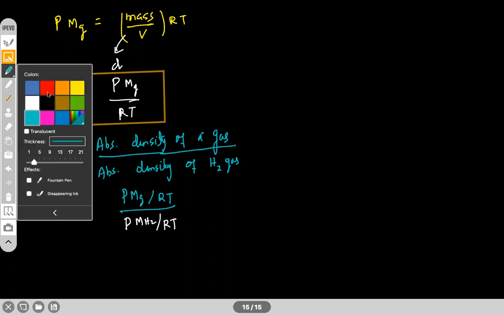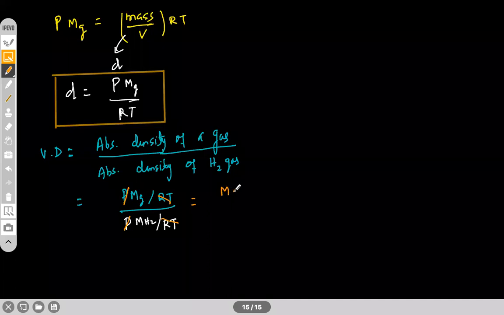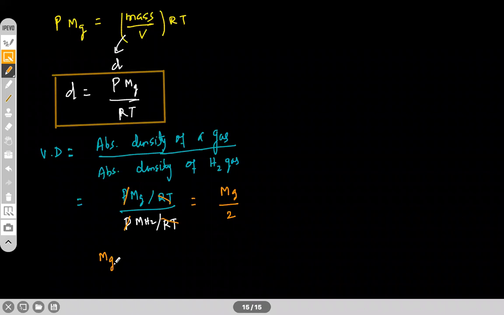The pressure gets cancelled, RT gets cancelled, and this becomes the molecular mass of the gas divided by 2, the molecular mass of hydrogen. Hence we can write the molecular mass of any gas or mixture of gas is equal to 2 into the vapor density of the gaseous mixture or that gas.